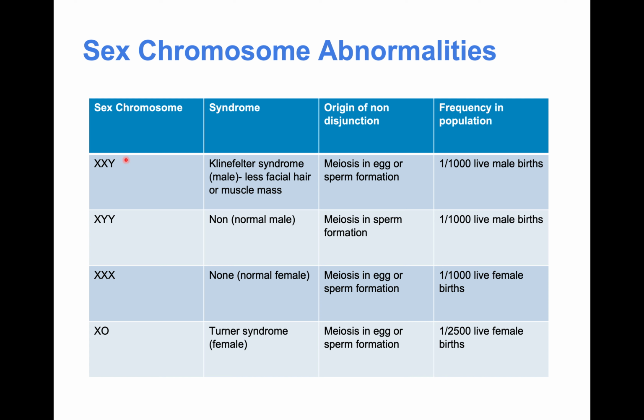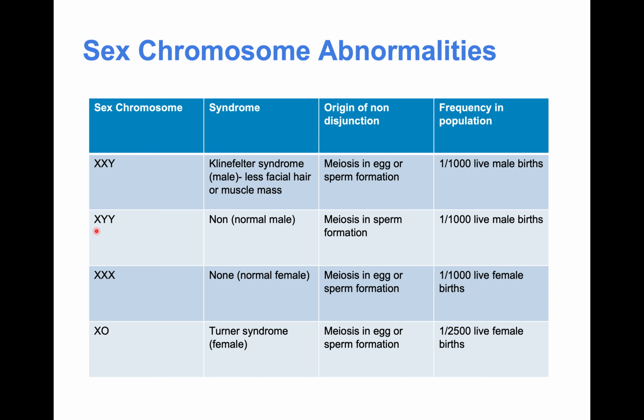Every time an individual has a Y chromosome, it will develop as a male because the male determining gene is sitting on the Y chromosome. In this situation the syndrome is called Klinefelter syndrome. There is an extra X chromosome, there's less facial hair or muscle mass, and it is thought that the origin of non-disjunction is in the egg or sperm, and the frequency is 1 in 1,000 live male births.